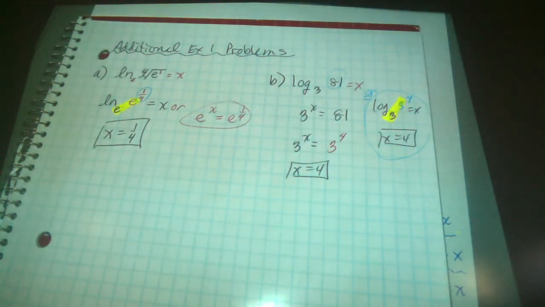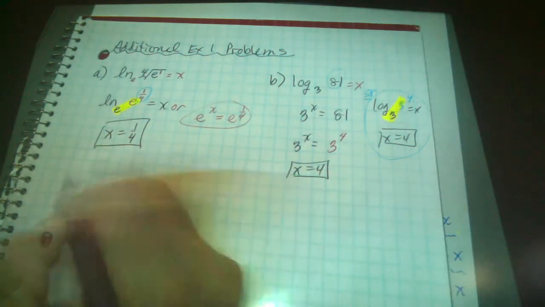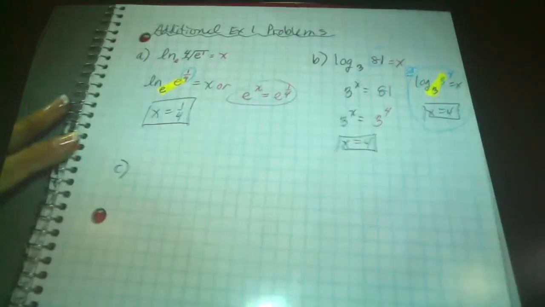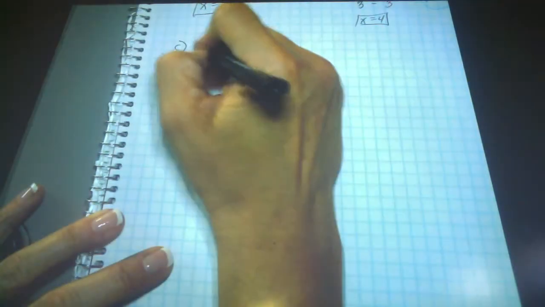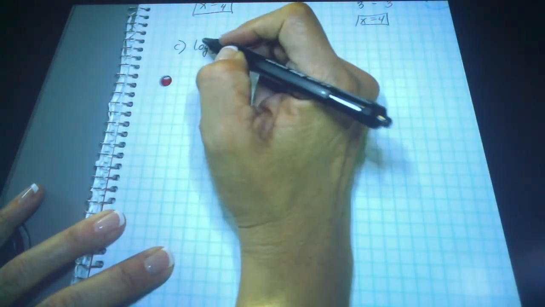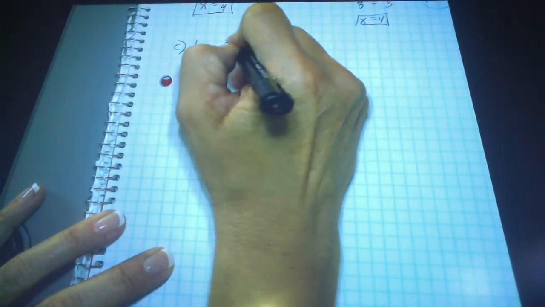Okay? All right, so look at C. This time we have log base 5 of the cube root of 25. So I'm going to have you do that one on your own. You decide how you want to do it. You could do it using properties, or you could do it using exponential form.